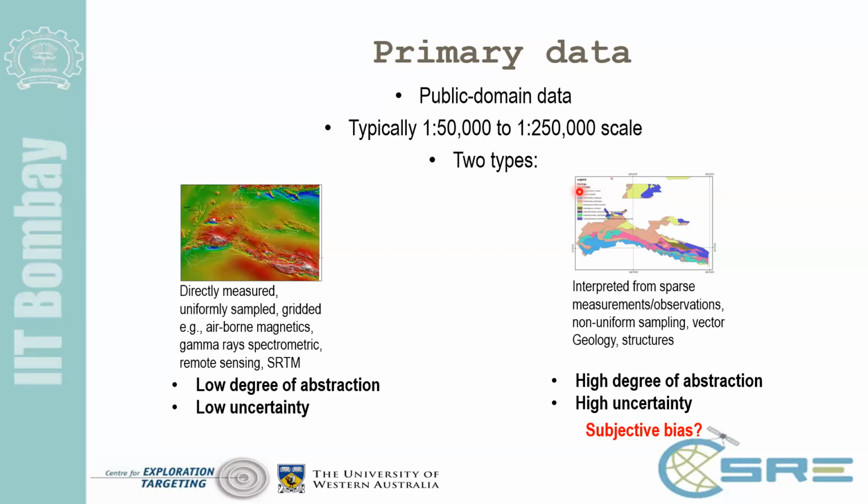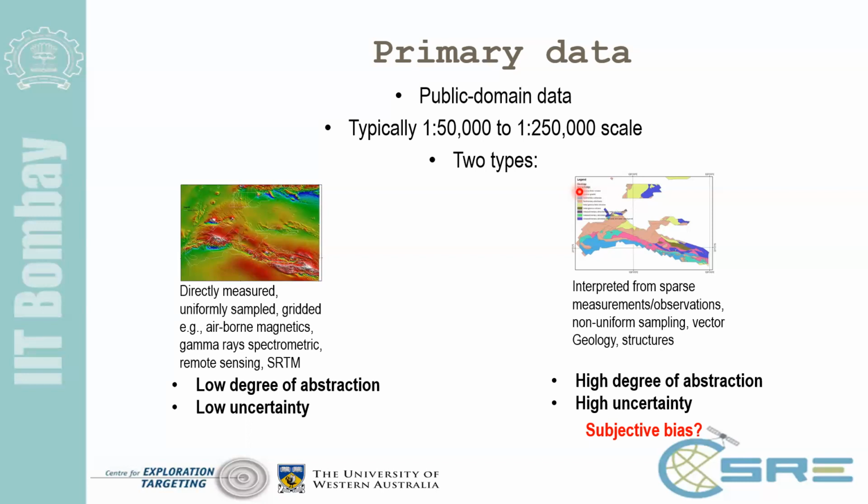I'll do my geological mapping based on some assumptions, some understanding of the geology of the area, and someone else would do it differently. These are where you have a high uncertainty because there is subjectivity involved. And quite often we are using the primary data sets, particularly the geophysical data sets, to create our geological maps. So essentially we are abstracting a lot of information from the primary data sets. So in the second type of data sets, there is a high level of abstraction and high uncertainty.